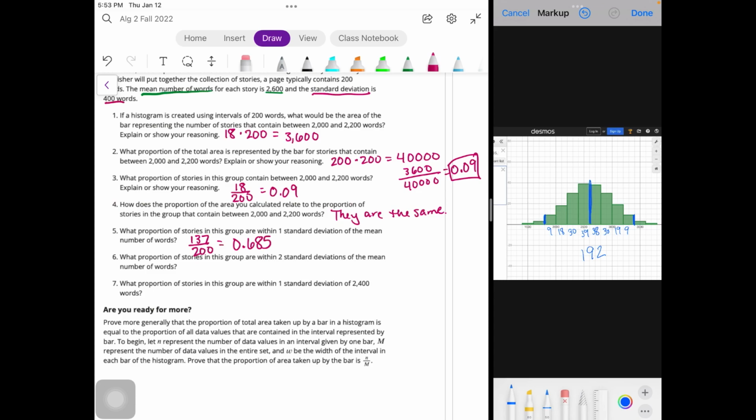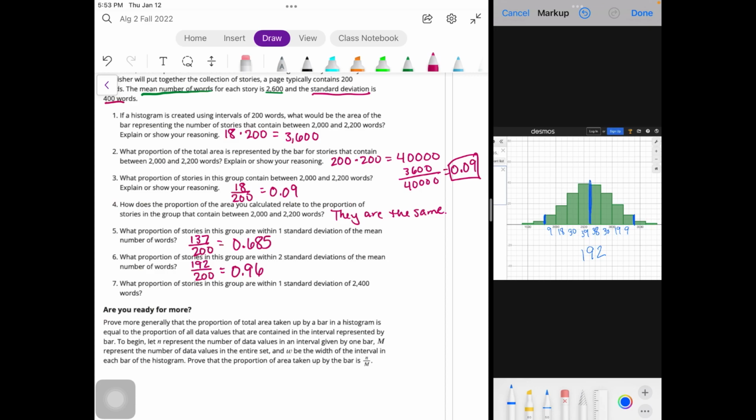And so 192 out of a total of 200 is going to be 0.96. So 68.5% of the stories are within 1 standard deviation, and then 96% of the data are within 2 standard deviations.